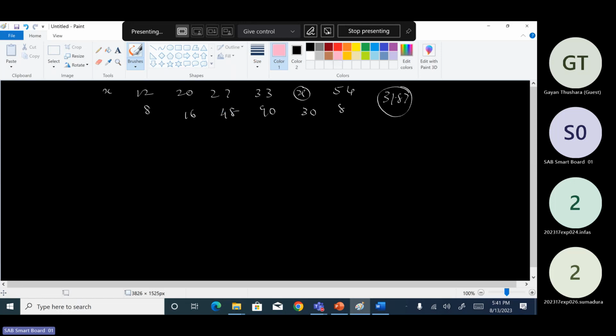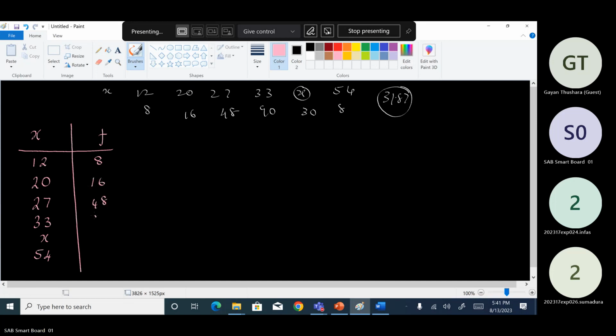So we'll have X and frequency: 12, 20, 27, 33, the missing value X, 54. Then the frequencies are 8, 16, 48, 90, 30.